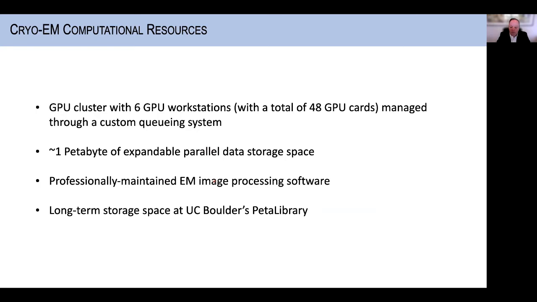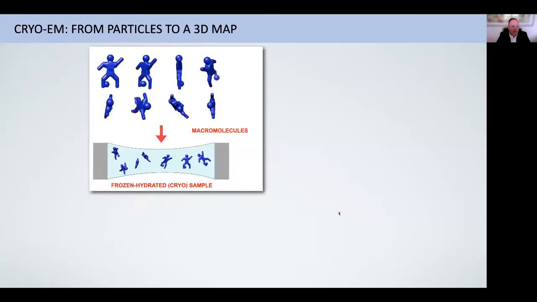Basically, all of the programs that are routinely used by CryoEM users are available at the facility in these workstations. And because we generate so much data, we also have established a system for long-term data storage at the UC Boulder PetaLibrary.